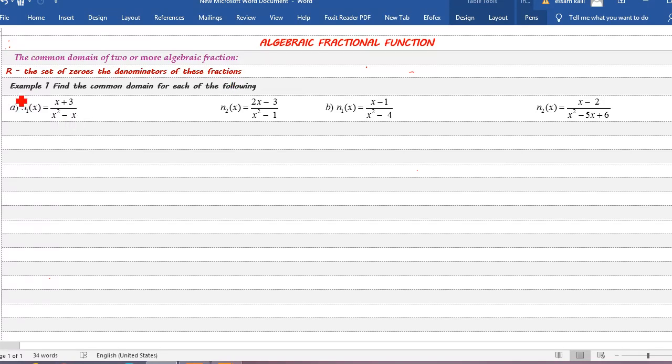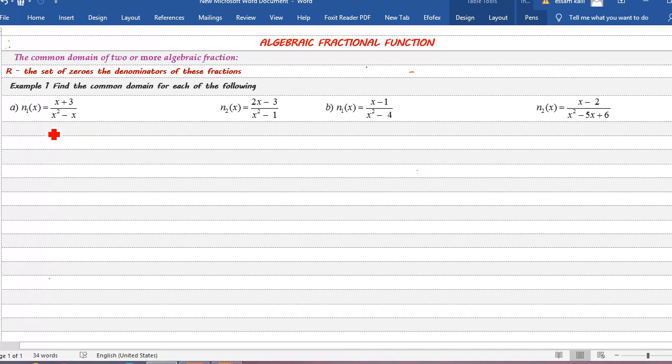For example 1, find the common domain for each of the following. n1 of x equal x plus 3 over x power 2 minus x. الفيرست أول حاجة find the domain of the first function. الدومين equal R different sets of 0 of the denominator. Find the sets of 0 of the denominator.